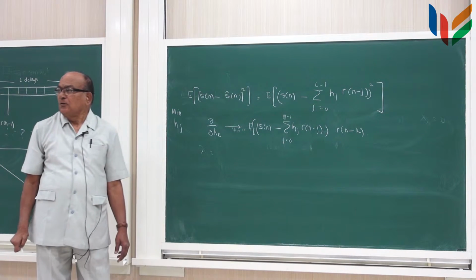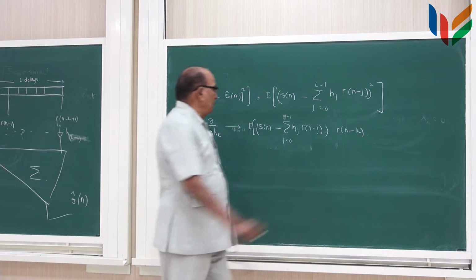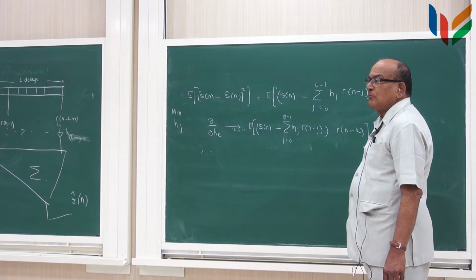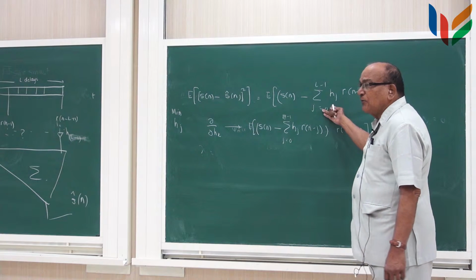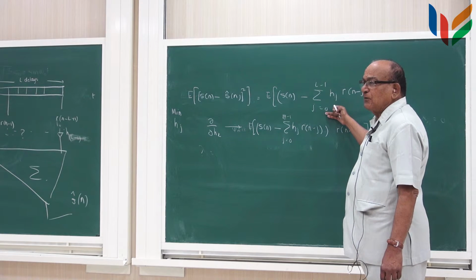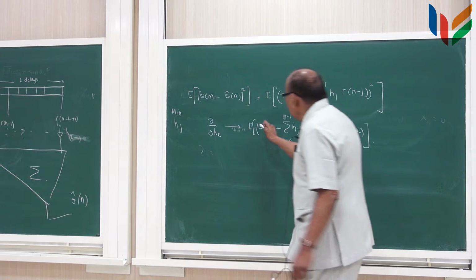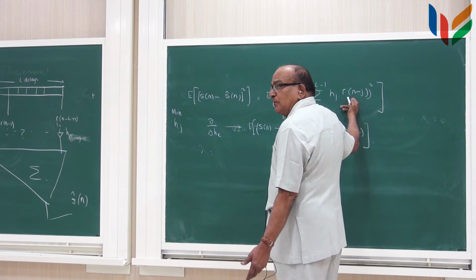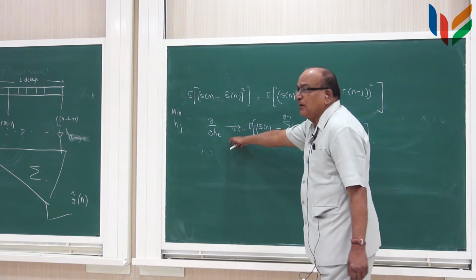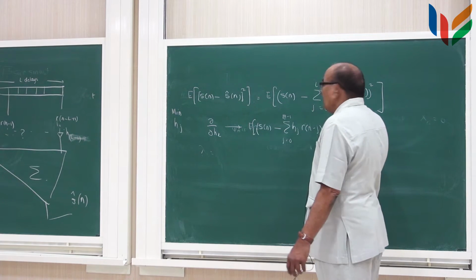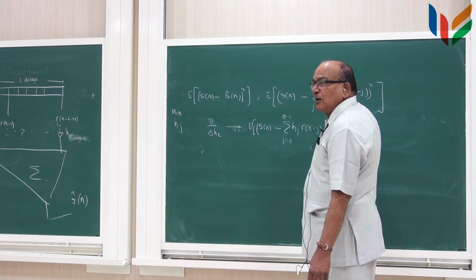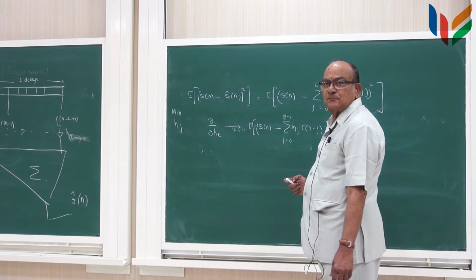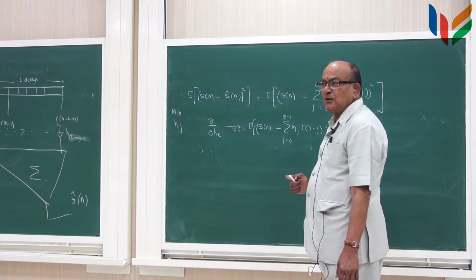Are you with me or not? This is a square function, so the derivative of a square function is 2 times this multiplied by the derivative of the part of it. When you take a derivative with respect to hk, only the term which contains hk in this expansion, which corresponds to Rn minus k, remains.